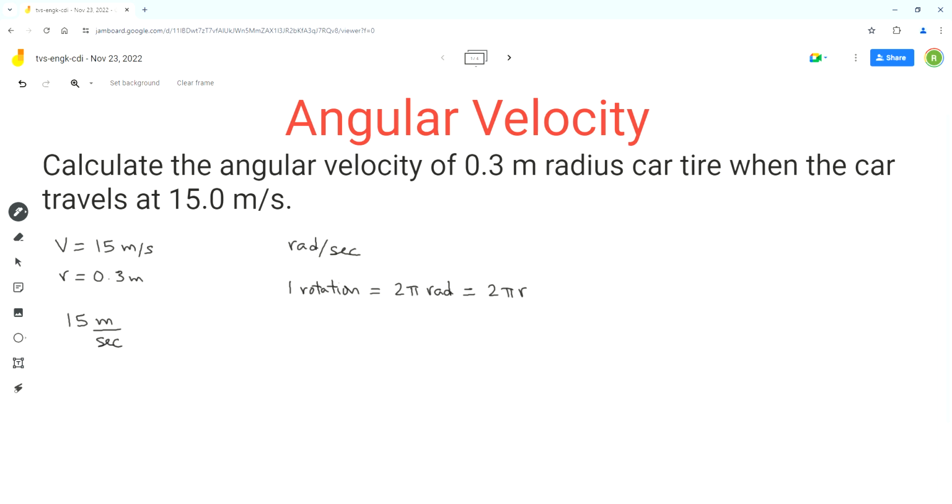Now we are given that the radius is 0.3 meters. Two times 0.3 is 0.6.